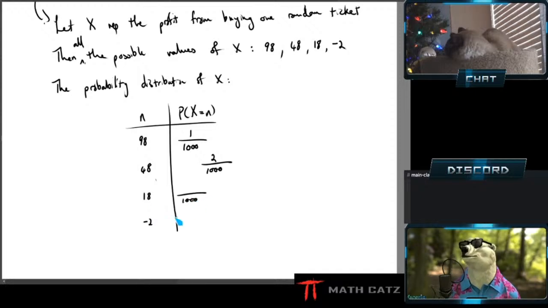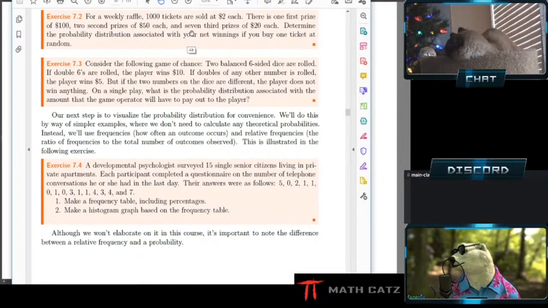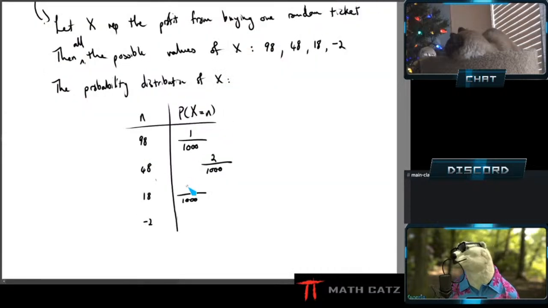Out of 1,000 tickets, I'm going to have to buy one of the 7. And then I see I have accounted for 10 winning tickets. So there are, out of the 1,000, 990 losing tickets.